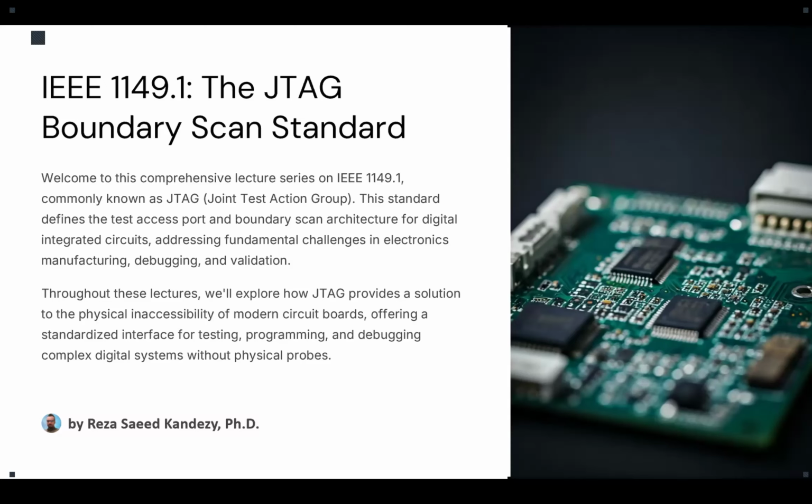We are gonna talk about the effects of these JTAGs on the digital system design, and we are going to talk about why this standard was developed and how it would affect every single digital system that we design or interact with.